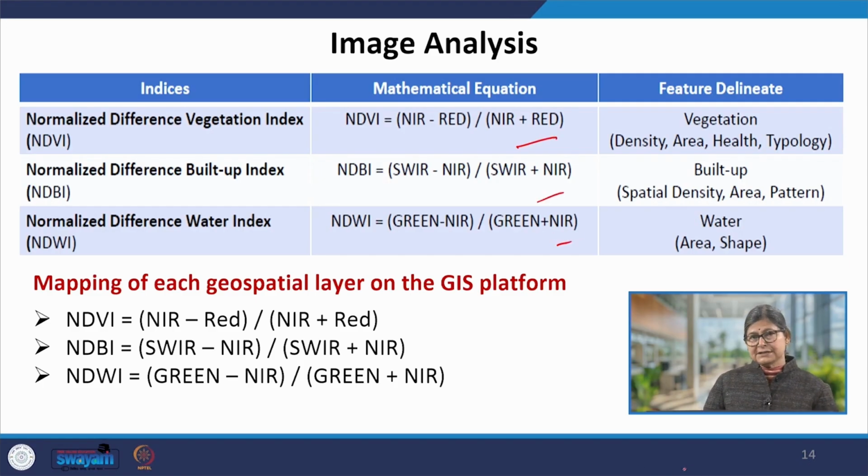And the features it delineates, that also we discussed, like vegetation, its density, area, health, typology. NDBI talks about built-up area, spatial density, area and pattern, and NDWI water, the area and shape. Mapping of each geospatial layer on the GIS platform happened based on this NDVI, NDBI and NDWI info.